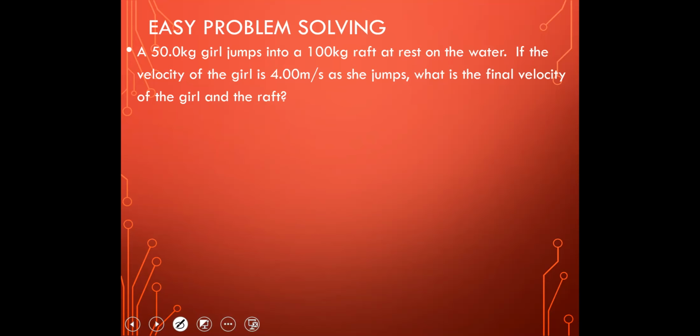A 50-kilogram girl jumped into a 100-kilogram raft at rest on the water. So what do we have here? We have a raft; its mass is 100 kilograms and it is at rest. There's a girl; her mass is 50 kilograms, and she jumps onto the raft with a velocity of 4 meters per second.